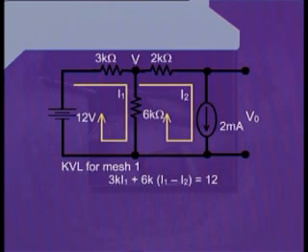Therefore, either we can write minus 12 equals 0, or in this case we have written the whole expression equal to 12. Now, simplifying this expression, we can write 9K I1 minus 6K I2 is equal to 12.